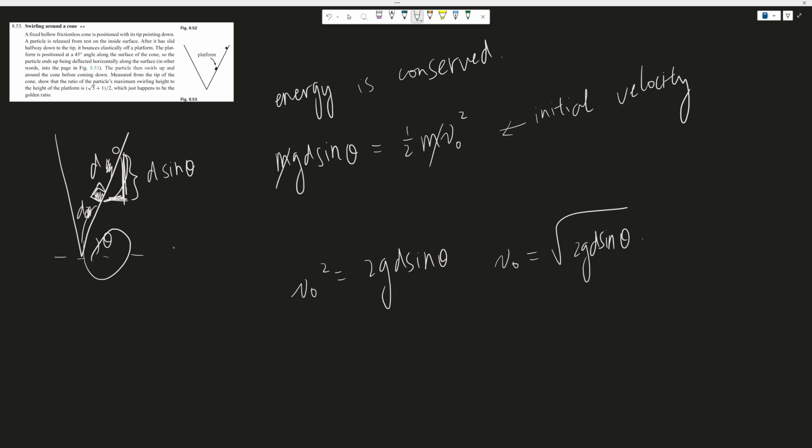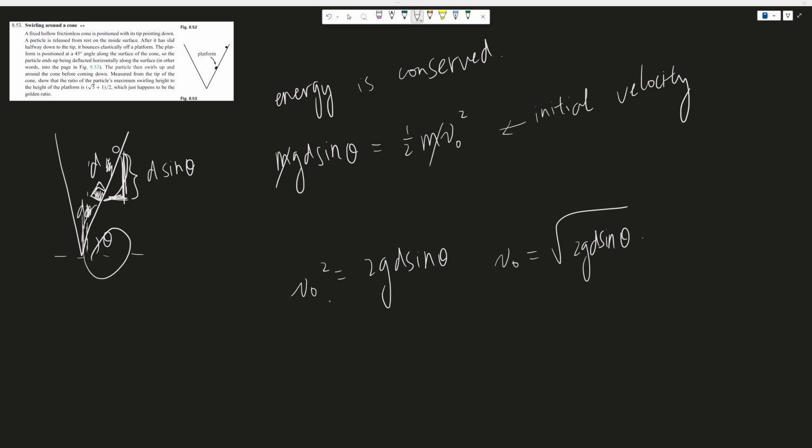So when this sphere comes down and hits the platform, and it swirls around, the maximum height, as a ratio to the height of the platform, which is d. We're trying to verify that the ratio is square root 5 plus 1 over 2.